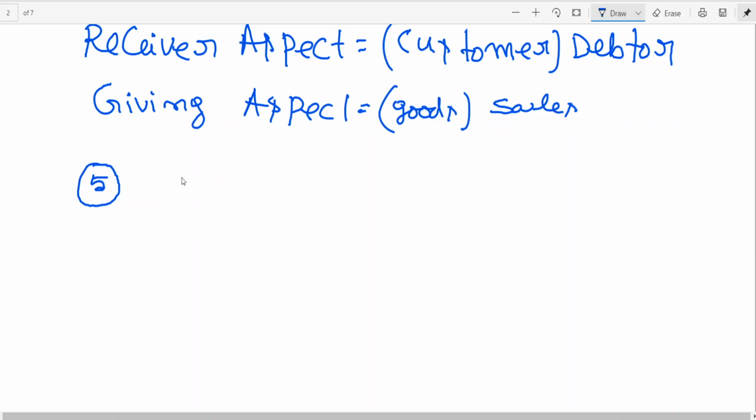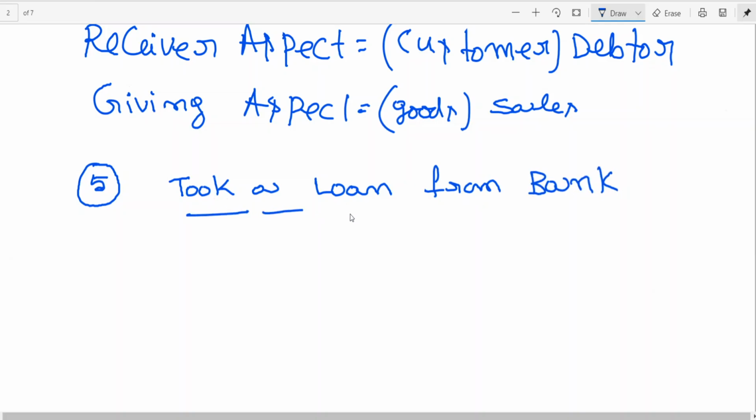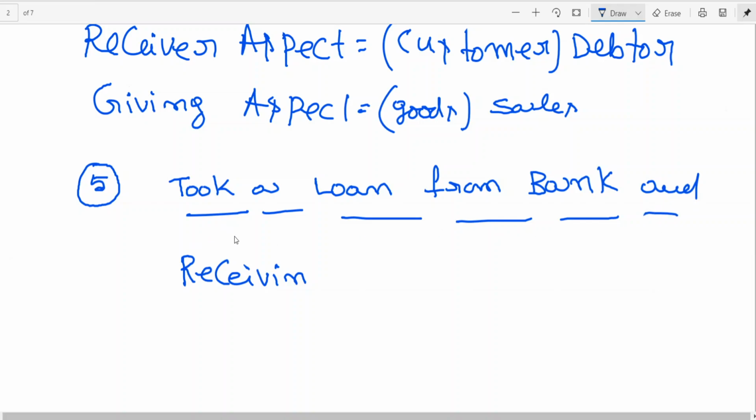Took a loan from bank. Now I do one thing, I'm adding a few things here.